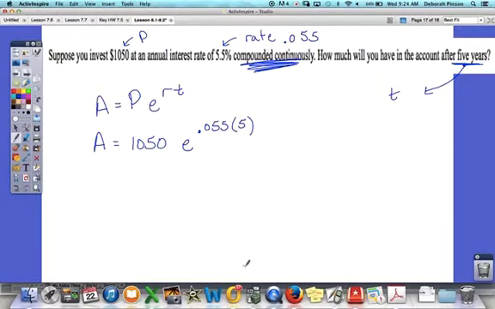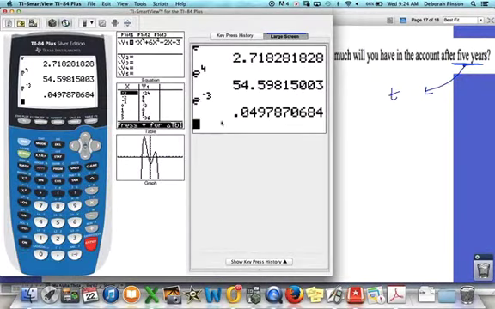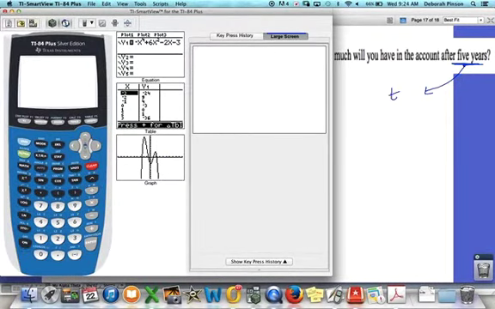Now, pretty much you can just plug this into your calculator as is. So I'm going to go through and put in my 1,050 e to the 0.055 times 5 power. Okay, now I want to give you a heads up on this.